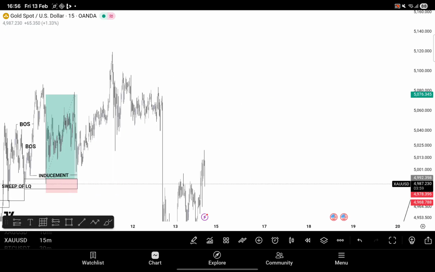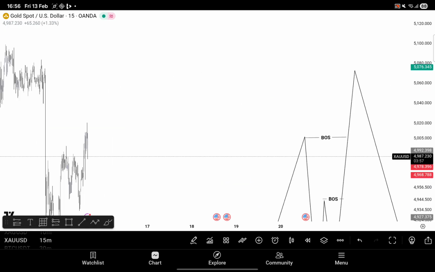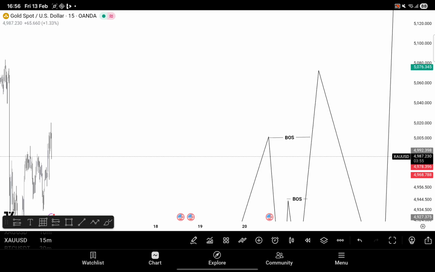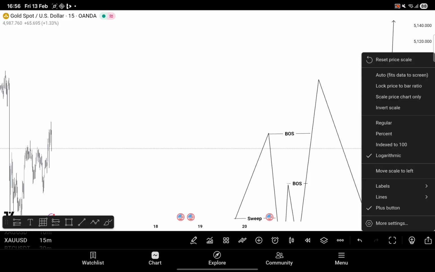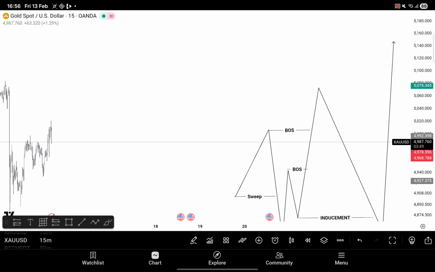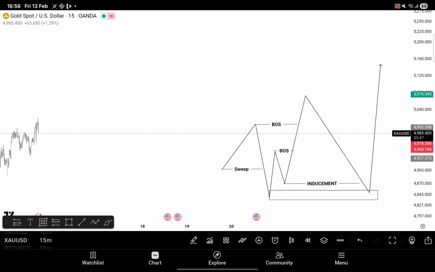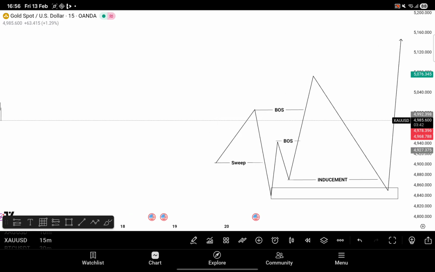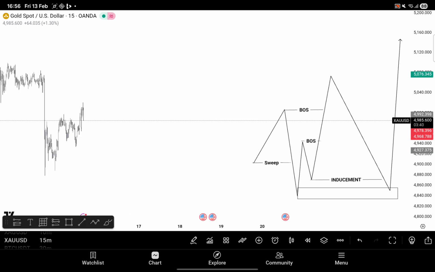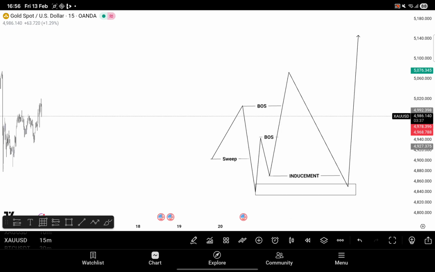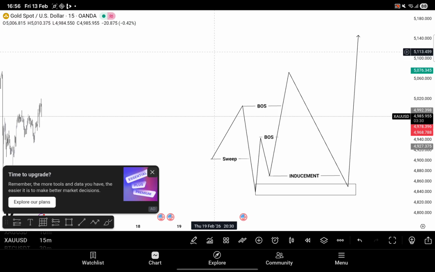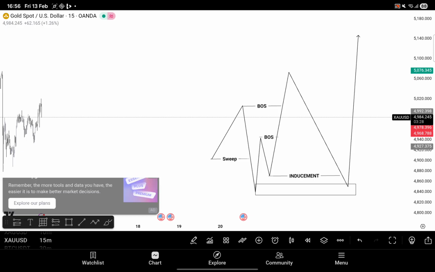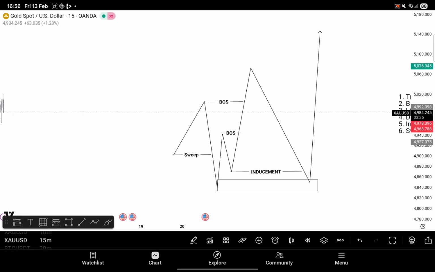This particular entry model, I call the type C entry model, and it works. The gist is that you should take your time after getting this information from me to backtest on pairs or assets of your choice and see the win rate for this entry model.